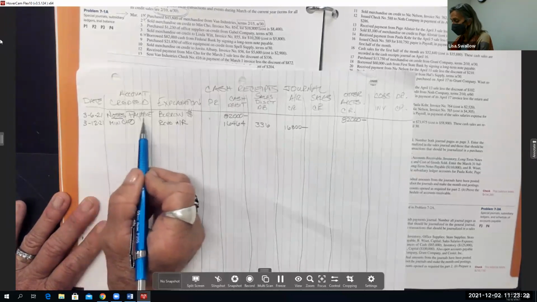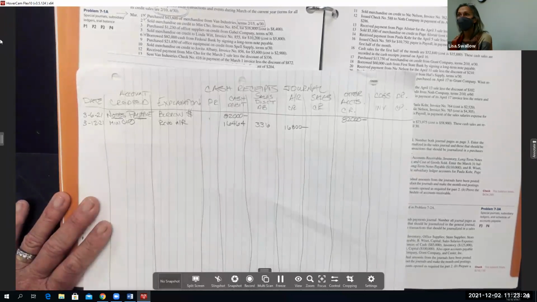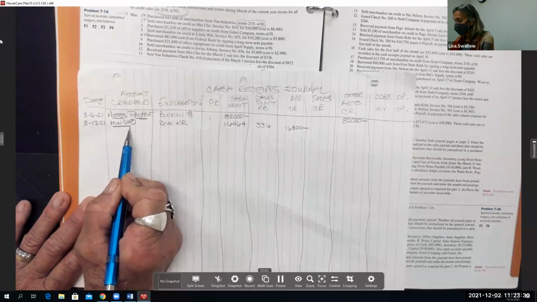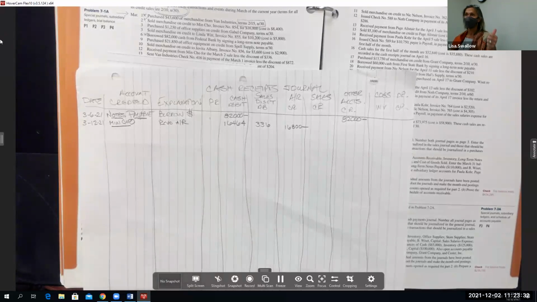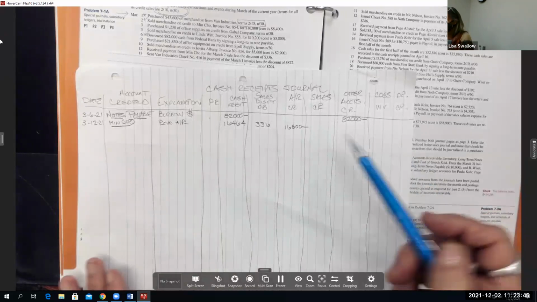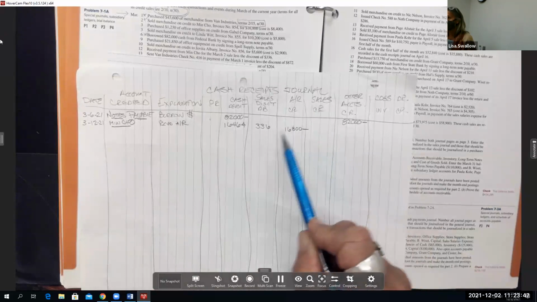You've got to figure out which general ledger account to post directly to. In the second one with Min Show, am I going to a control account or a subsidiary ledger? Subsidiary. I've got to go right to Min Show's individual account, and then I'll post the total under AR.